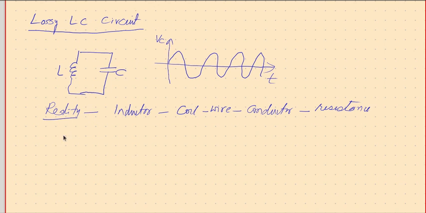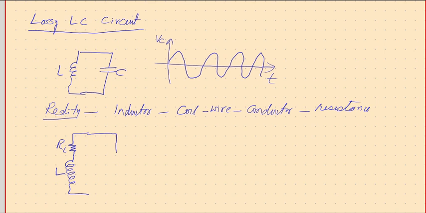So we have an equivalent of a resistor followed by an inductor. This resistor is because of the wire used for creating the inductor, the resistance of the wire, and this inductor is now a perfect or an ideal inductor.